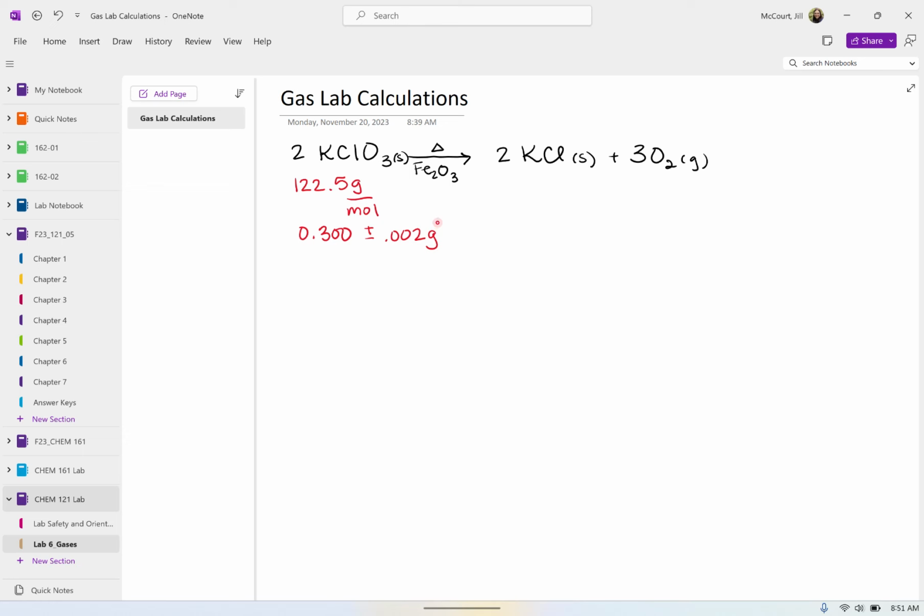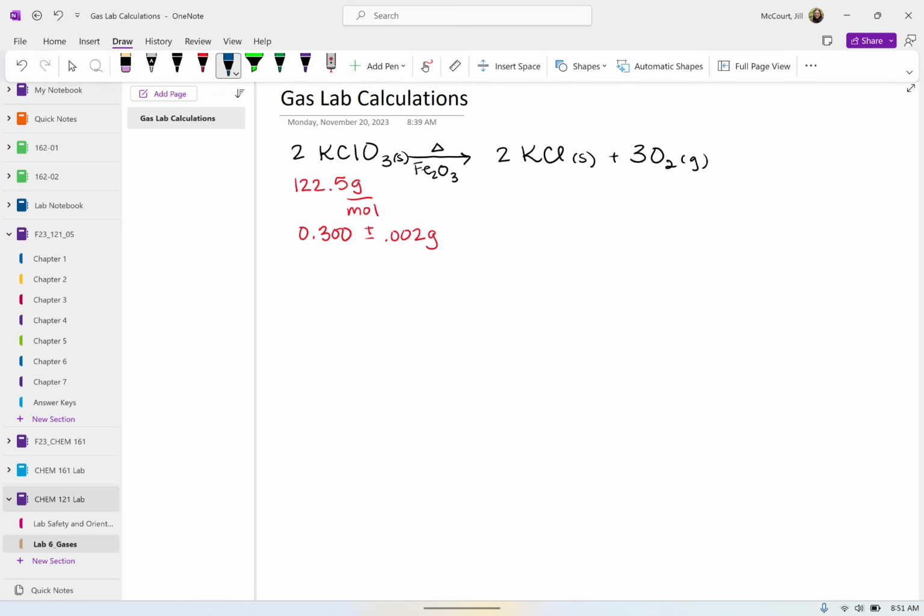So we just want to keep this in mind, that the error in weighing out our product is very, very small. Okay, so it likely is not going to be the main source of error for your calculations. But now that we've made a note of this, we are going to use only the 0.3 going forward. And so let's take a look.